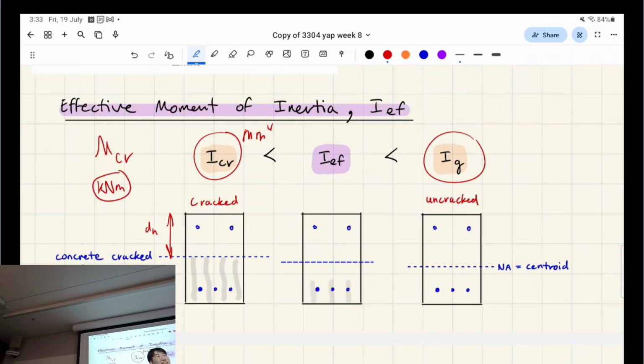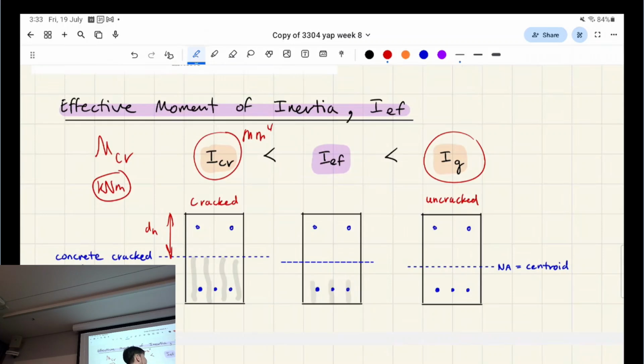Sometimes people ask, is the neutral axis the same thing as the centroid? Neutral axis is where strain is 0. That's the definition. The centroid is just the center of mass, the center of area for the cross section. True. But it is equal before any of the concrete is cracked.